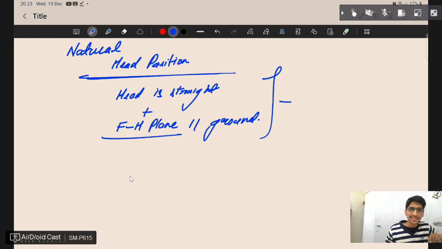How can we do that? We can't just mark the FH plane and compare it with the ground. The basic manner in which we take the lateral ceph is that we ask the patient to look at infinity, but this is not practically possible, since it is a closed room. So how can we achieve this?